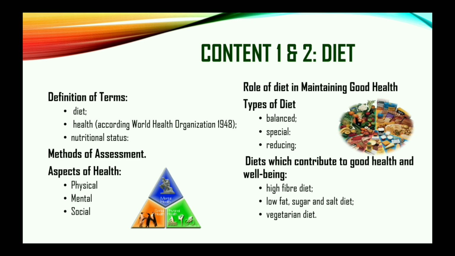For example, if somebody is on a weight reducing diet, they want to limit the amount of fatty foods and energy rich foods that are eaten, and they may want to limit the amount of carbs as well. A special diet may be given to someone that has a particular health condition, and a balanced diet is a diet that contains all the nutrients in their correct proportion.